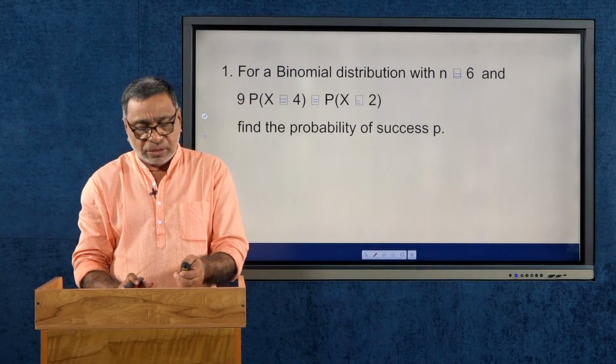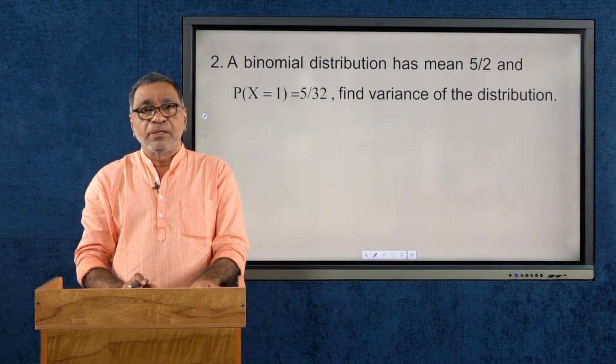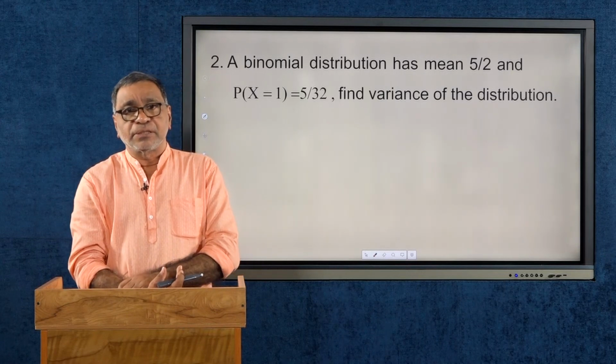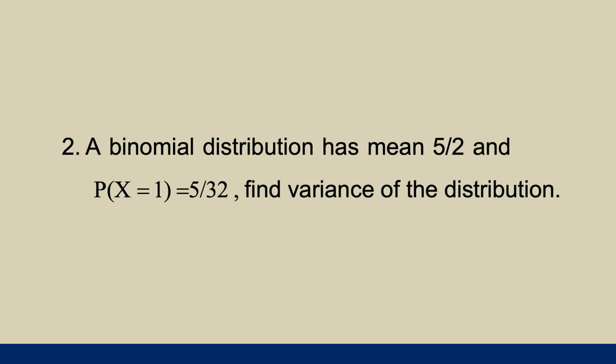Similar to this, another question we are considering, again of a similar nature. You are given a binomial distribution, and here what are given to you? You are given that the mean of the distribution is 5 divided by 2, and the probability of x is equal to 1 is 5 by 32.